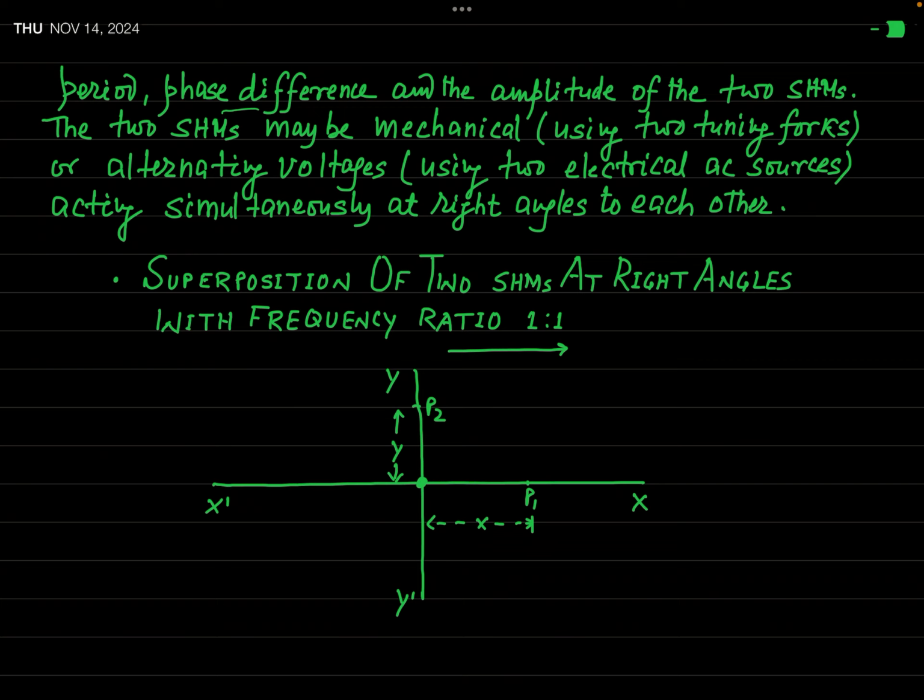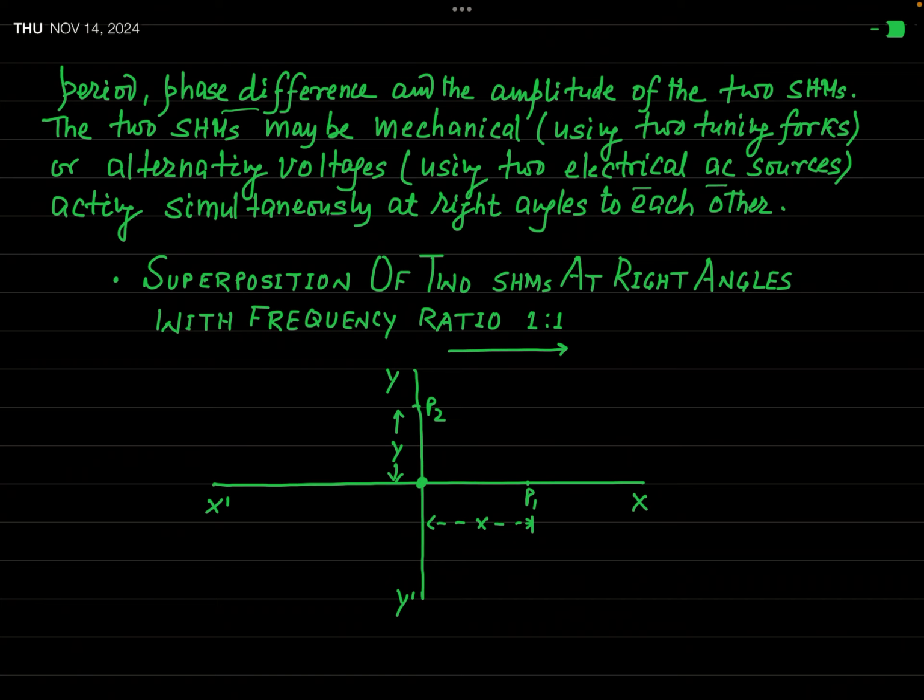When you talk about the two SHMs, these may be mechanical, as we consider in this chapter on mechanical oscillations, which can be produced by using two tuning forks. Or they may be alternating voltages, which may be produced by electrical AC sources.